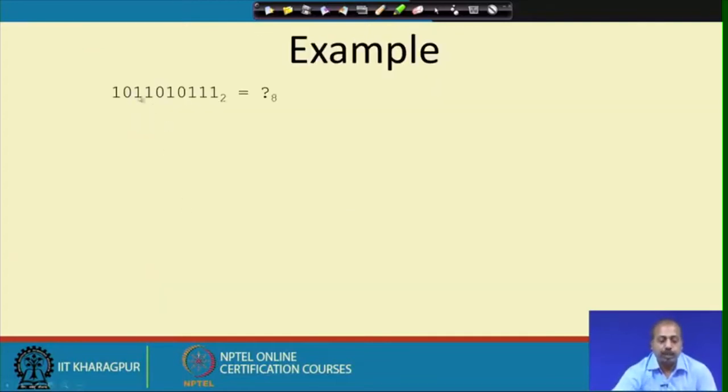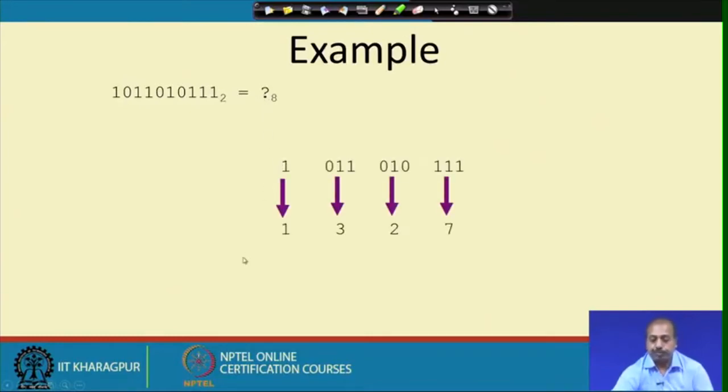Suppose this is the binary number that we have, and I want to get the corresponding octal number. What is done is I make groups of 3 starting from the right side. You must keep in mind that you should not start from the left side, you should start from the right side. The first 3 bits 111 form the first group, then 010 forms the next group, then 110 forms the third group, and here I do not have 3 bits.